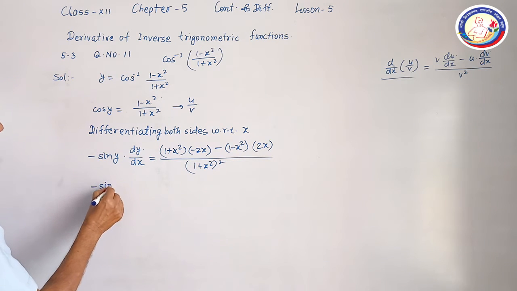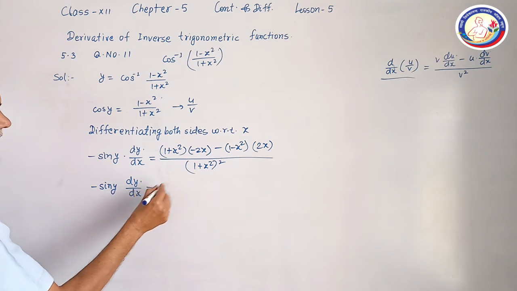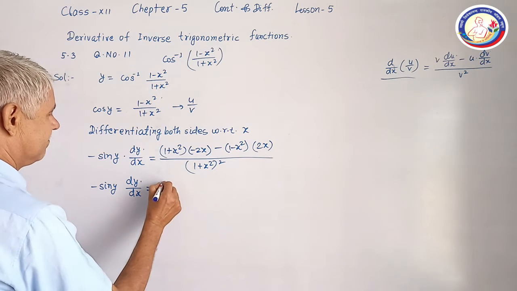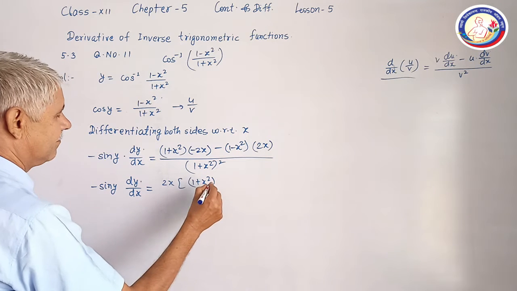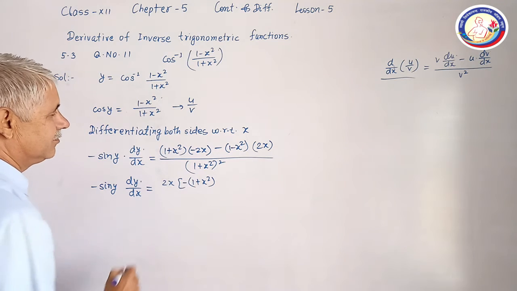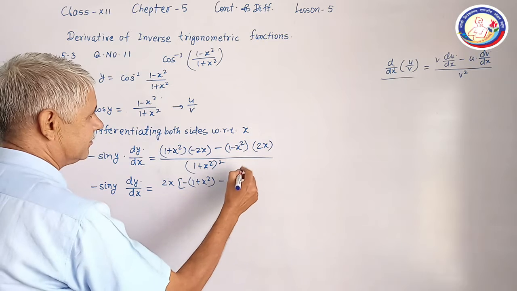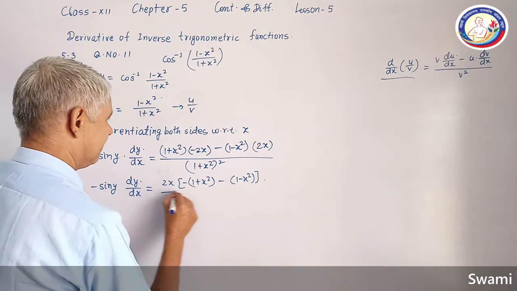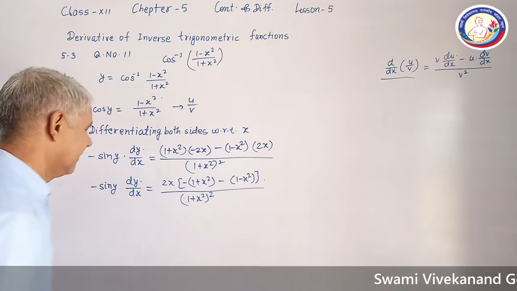Minus sin y, derivative of y with respect to x. Take 2x common. We shall have 1 plus x square with minus sign, because we have taken 2x as common factor. So this will be minus 1 plus x square and minus 1 minus x square, divided by 1 plus x square whole square.